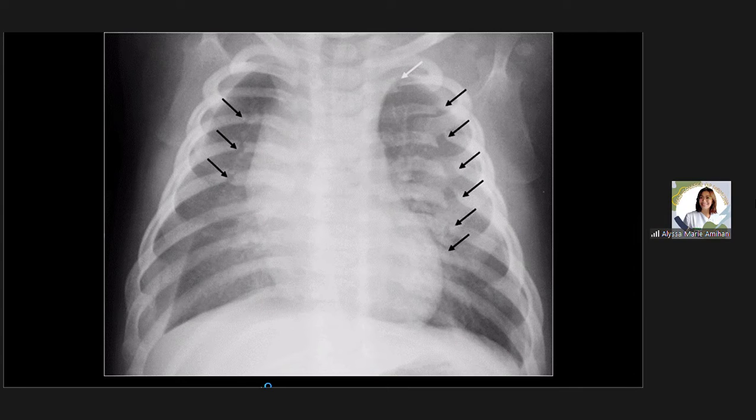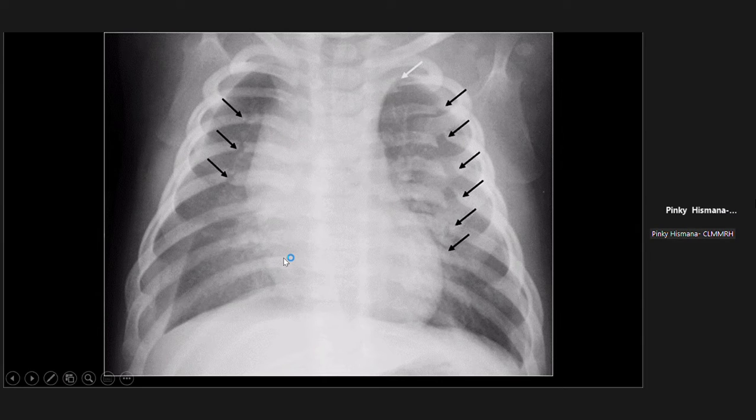Third posterior, third, fourth, fifth. Count again. Fourth, fifth, and sixth, Doc. Correct. So this one is the first, second, third. The fractures here primarily involve the fourth, fifth, sixth posterior segments of the right ribs. Thank you.